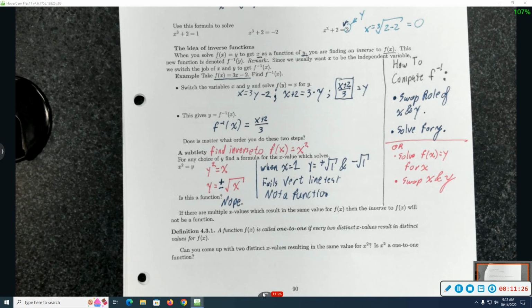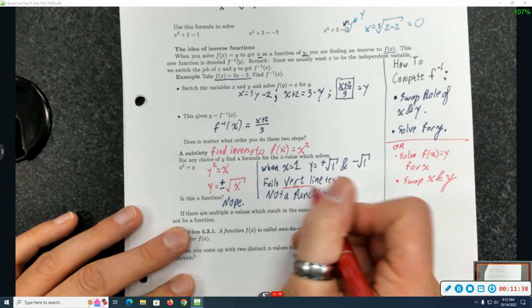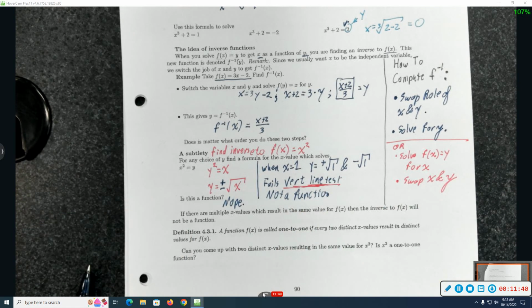So what I want to introduce next is a property that will determine exactly when inverse functions exist. And it won't be a fancy idea. The whole motivation will be something to do with the vertical line test. I'm going to write down a definition, and then we'll try to explore what it means graphically.